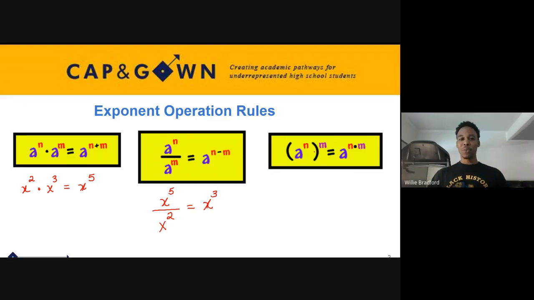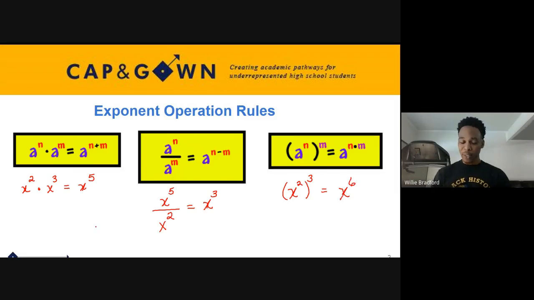And then our last rule that we need to review is if we are raising a power to another power. So let's say we have x to the 2nd, and we're raising it to the 3rd power. That means we need to multiply the exponents. So 2 times 3 gives us 6.